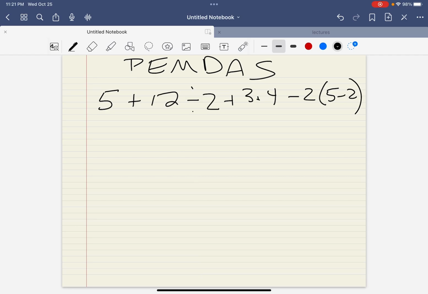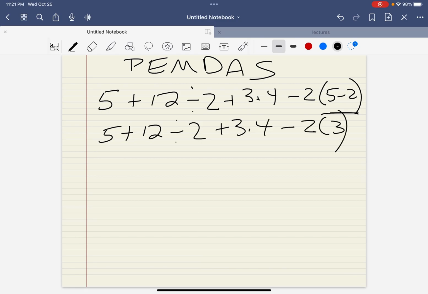All right, so parentheses are first. 5 plus 12 divided by 2 plus 3 times 4 minus 2 times 3. Okay, we took care of parentheses. There are no exponents, so we're going to do multiplication and division in order from left to right. Okay, so 5 stays the same, plus 12 divided by 2 is 6, plus 3 times 4 is 12, minus 2 times 3 is 6.